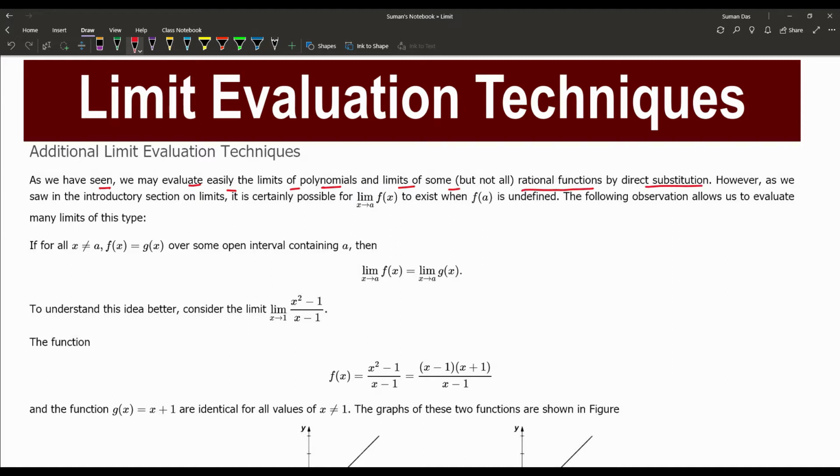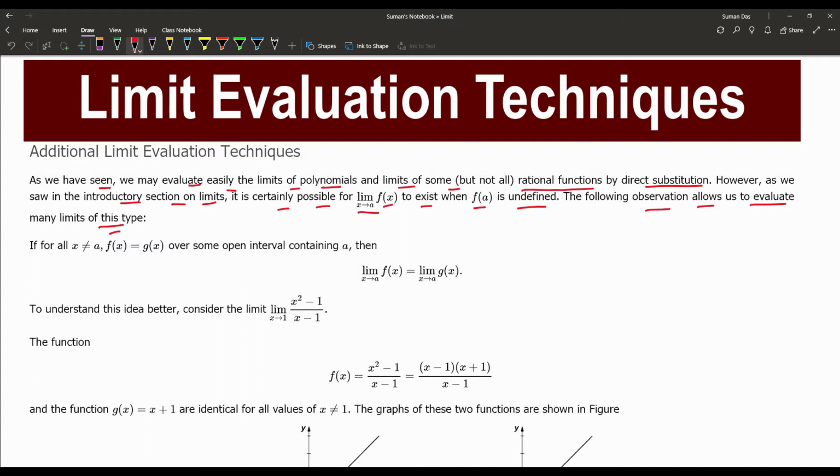However, as we saw in the introductory section of limits, it is certainly possible for the limit as x tends to a of f(x) to exist when f(a) is undefined. The following observation allows us to evaluate many types of limits.